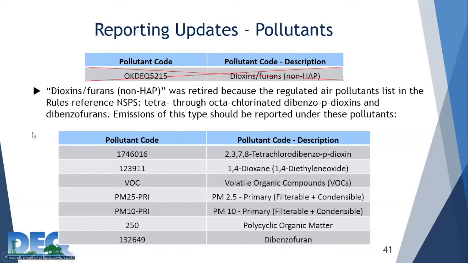And so those emissions are covered by these pollutants. There are several HAPs in here, and there's VOCs and PM. So you need to report these emissions under these correct pollutants. Make sure that you're speciating and including it if it is a VOC, or if it is a PM, including it there as well.